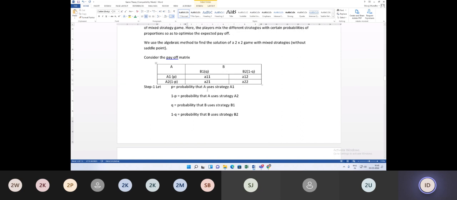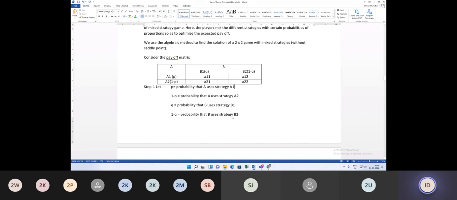Now the P means the probability that A uses the strategy A1. We don't know, the probability is an estimation, right? It is a prediction, an andaz. 1 minus P is the probability that A uses strategy A2. Similarly, Q means the probability that B uses strategy B1, and 1 minus Q means the probability that B uses strategy B2.